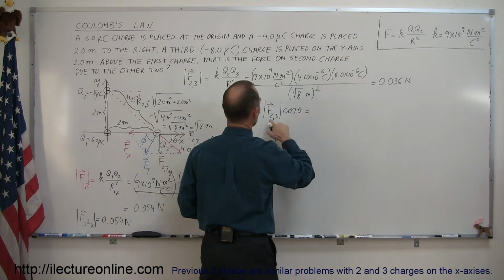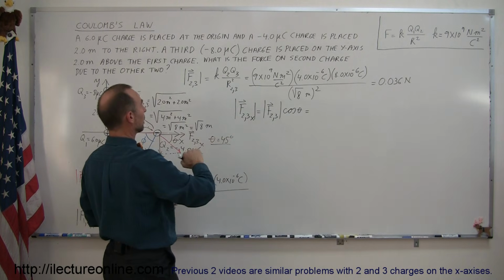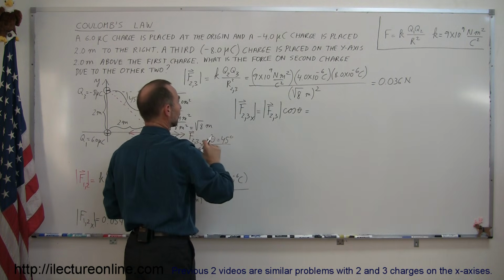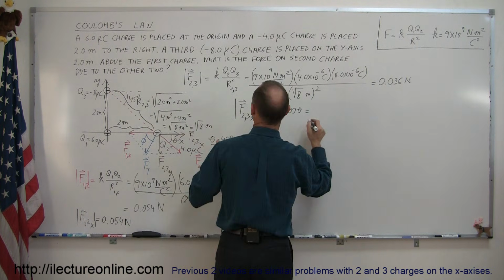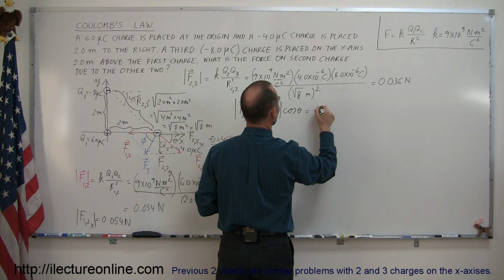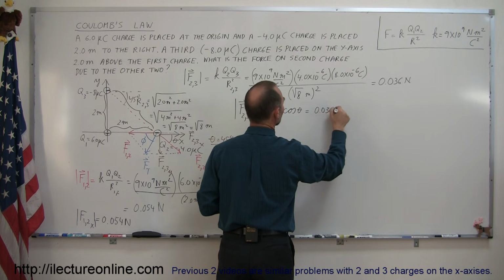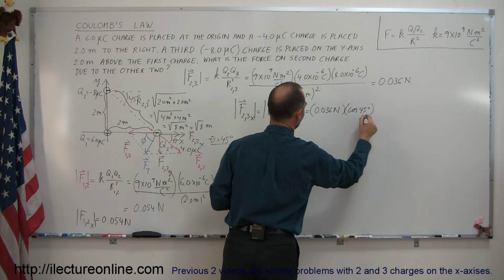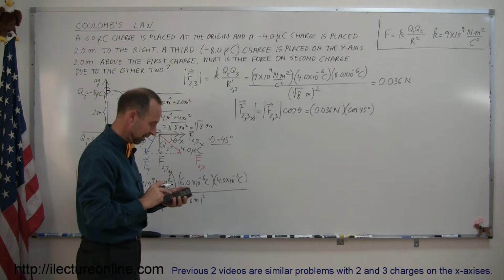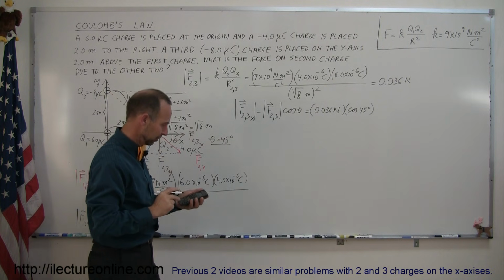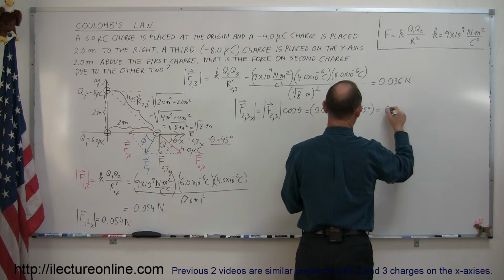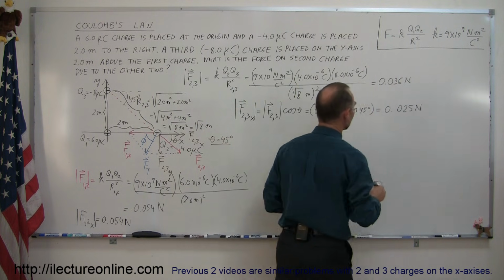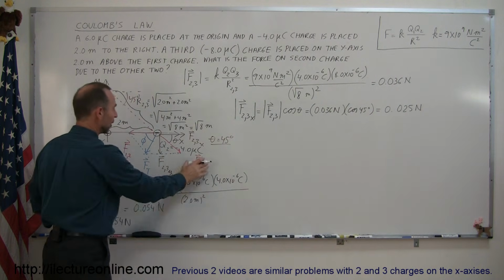And so this is equal to the magnitude of F23, which is right here. It's a good thing that we labeled the subscripts of what these forces are, otherwise we get confused. So make sure you use a good labeling technique. So it's 0.036 newtons times the cosine of 45 degrees, and so this becomes 0.025 newtons. So that's the x component of F23.